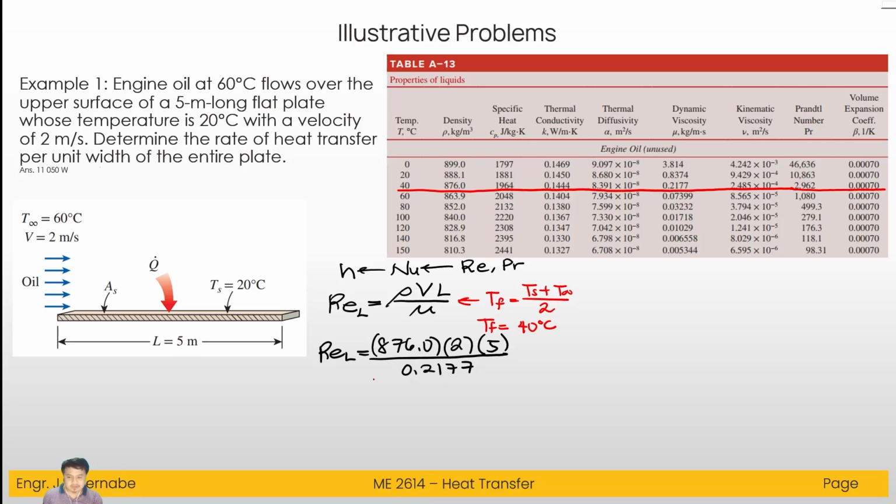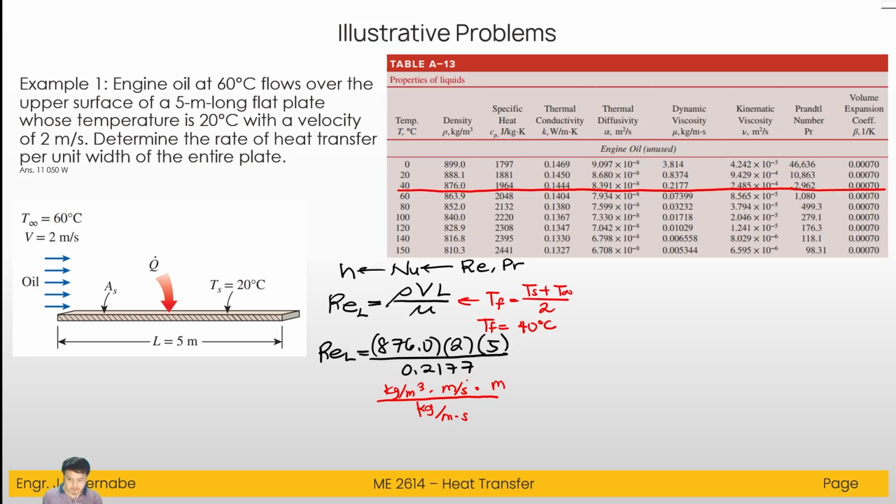Analyzing the units here, this will be kilograms per cubic meter multiplied by meters per second multiplied by meters, over kilograms per meter per second.